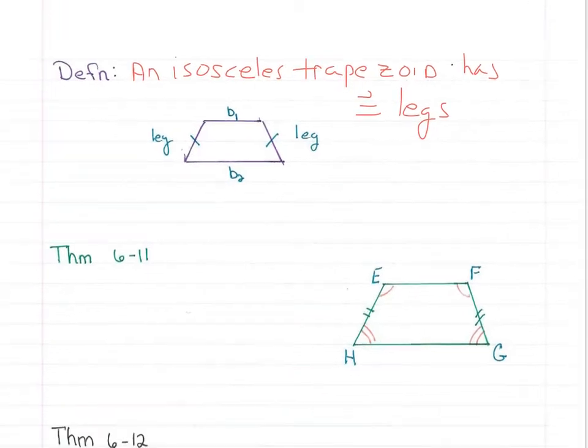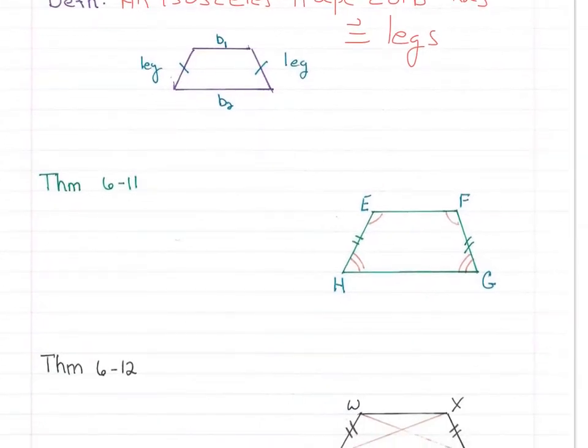And that leads us to theorem 611, which is dealing with isosceles trapezoids. 611 says that each pair of base angles of an isosceles trapezoid are congruent.